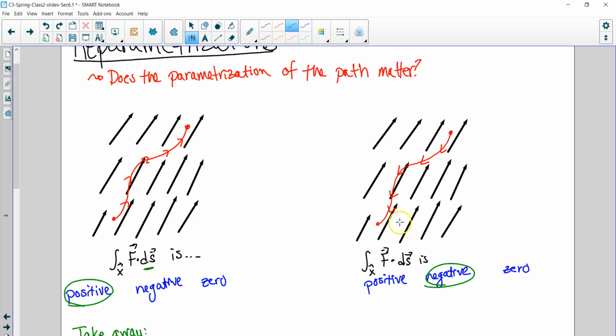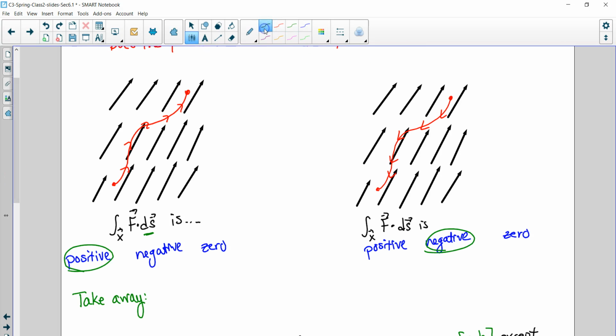Conversely, since these are in opposite directions, theta would be close to 180, which would make cosine negative, and so the whole thing is going to be negative. So the parametrization does matter. The takeaway is that direction matters.